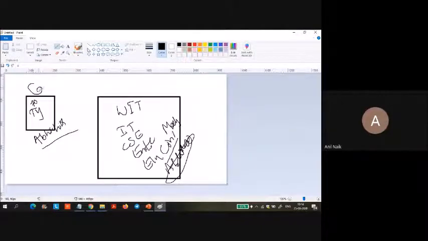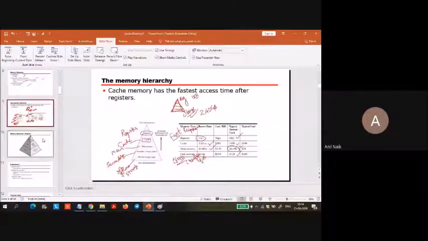So this is like cache memory, and this is like secondary memory. You will take more time to find the data. So I hope you have understood.